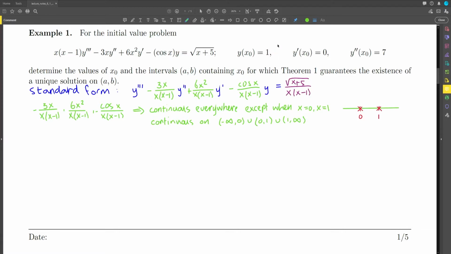Okay, so now let's take a look at square root of x plus 5 over x times x minus 1.